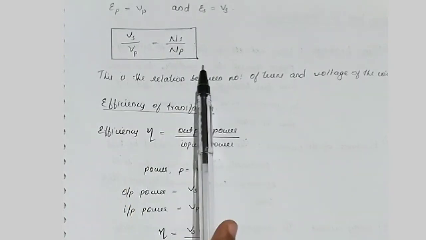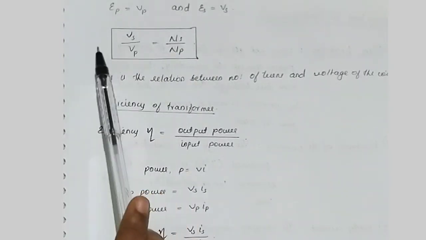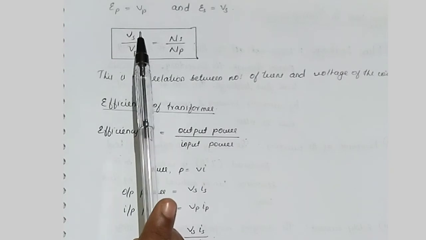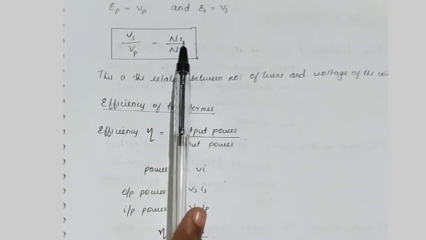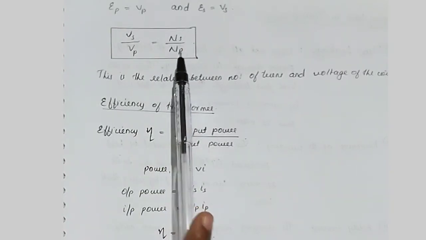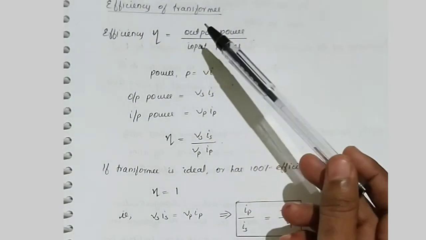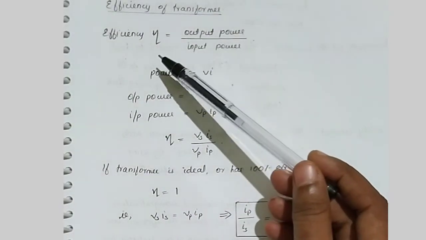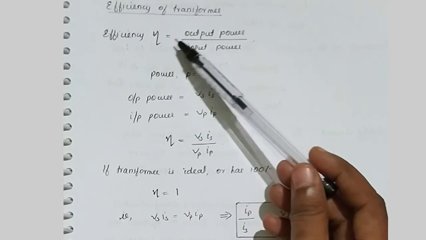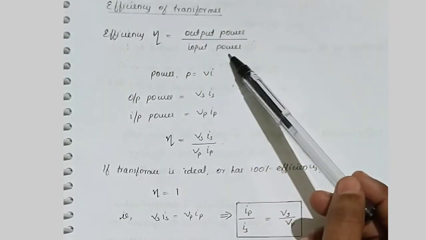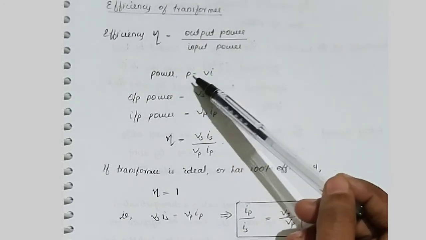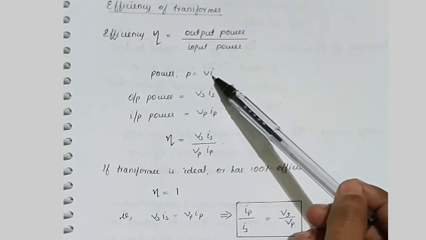So this is an important relation between the voltage of the primary coil and secondary coil and the number of turns of the primary coil and secondary coil. Now we know that the efficiency of a transformer, efficiency eta, is given by output power divided by input power, and we know power is given by voltage into current.